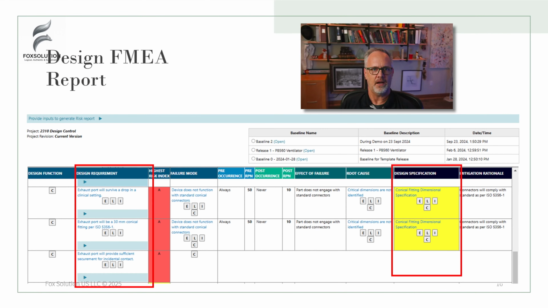What are we analyzing? What are the failure modes and root causes? Okay, what do we need to have in place to assure that design requirement is met? All right, and so in the report, it looks just like the systems failure mode analysis, except on the left side, we're at the top of the design progression where we have the design requirement. We do our analysis with the occurrences, and then the output of this is the critical to quality characteristics that are going to be tracked through the manufacturing process and denoted in our outputs.